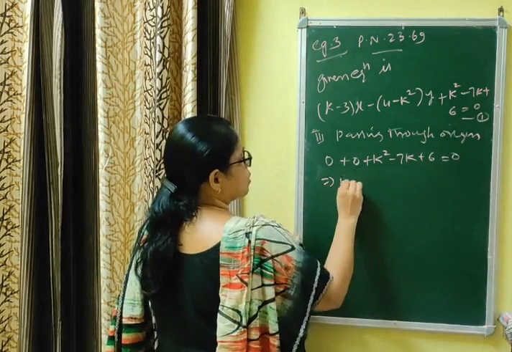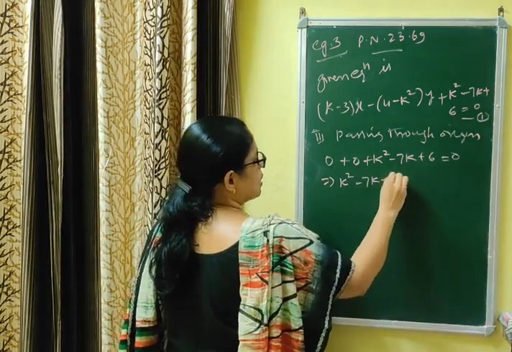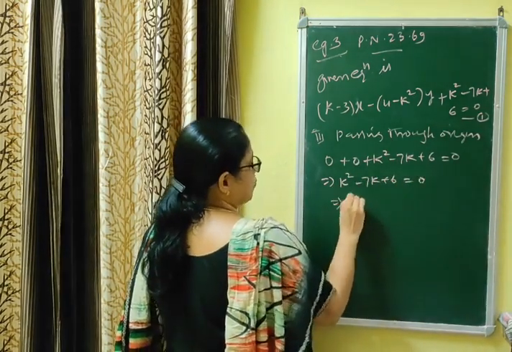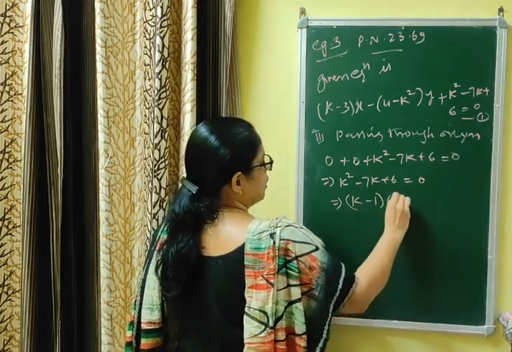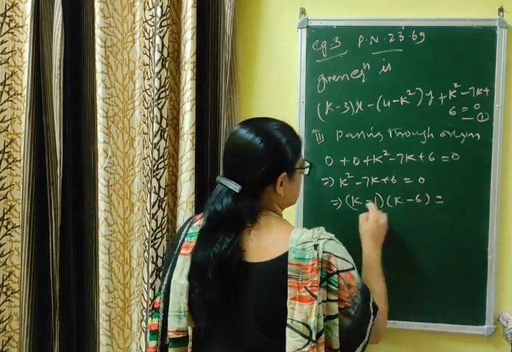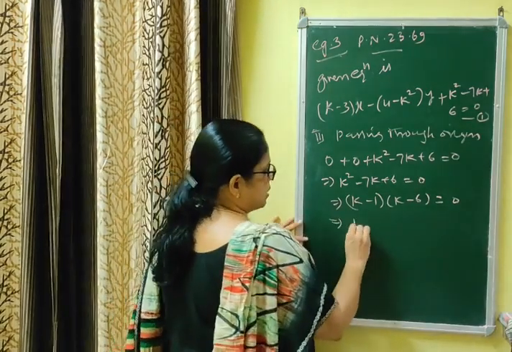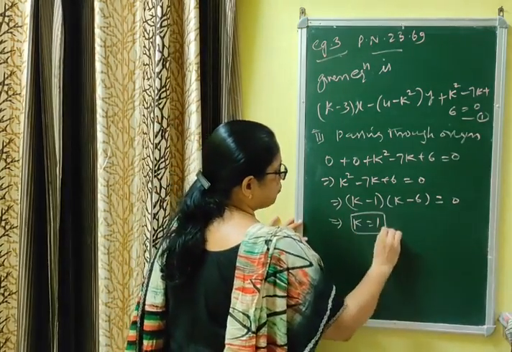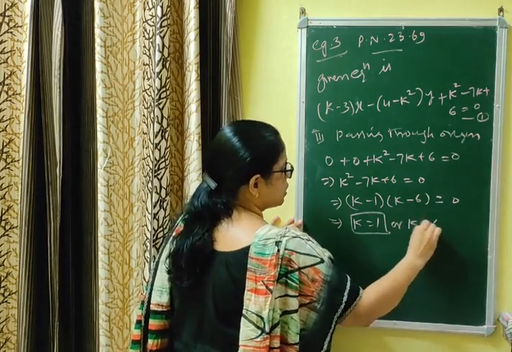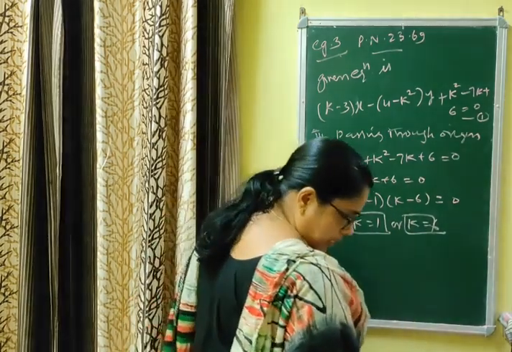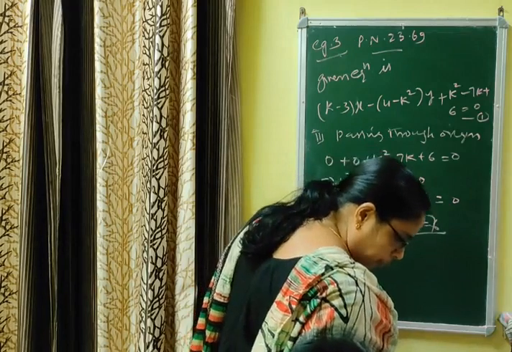That implies k square minus 7k plus 6 equal to 0. By splitting the middle term, we get (k minus 1) into (k minus 6) equal to 0. I can't show all the steps since you are in class 11. That implies k equal to 1 or k equal to 6. That is the third case, k equal to 1 or k equal to 6.